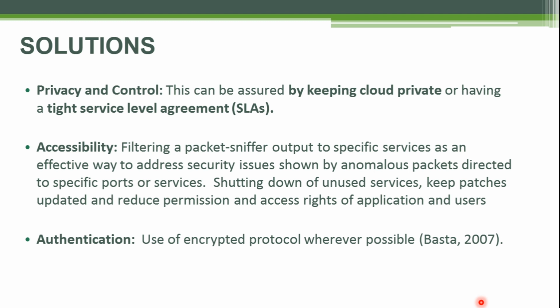It's just saying that shut down any unused services, update your servers on time, update your applications on time, so you don't face any downtime when an application is unsupported anymore, or due to any flaw in the old versions you don't lose access to your applications. So these are typical old solutions, nothing much interesting here.